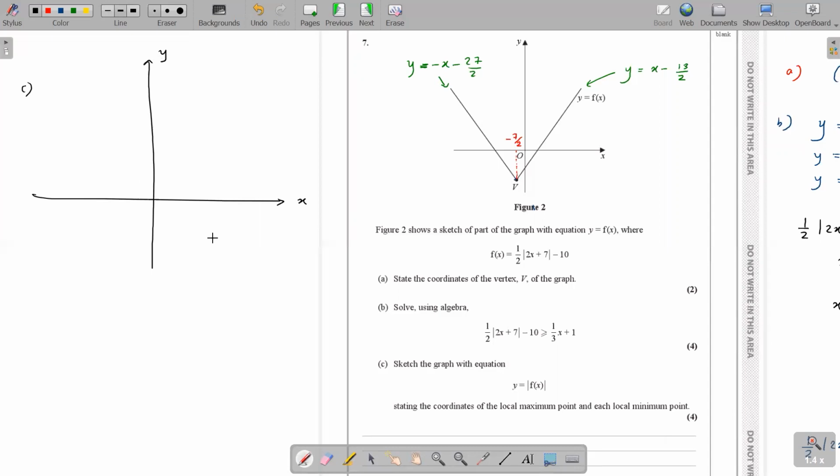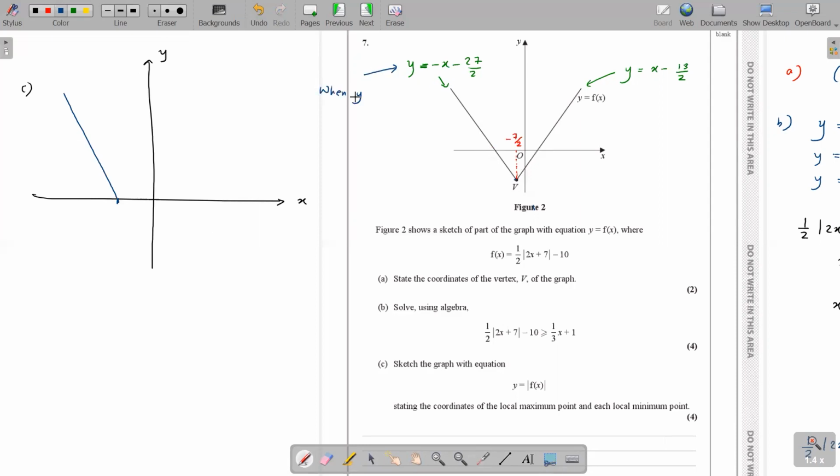I think we need to get these cutting points because we need all the minimum points here. So can you all get me this cutting point? Because this part of the graph comes like this, right?